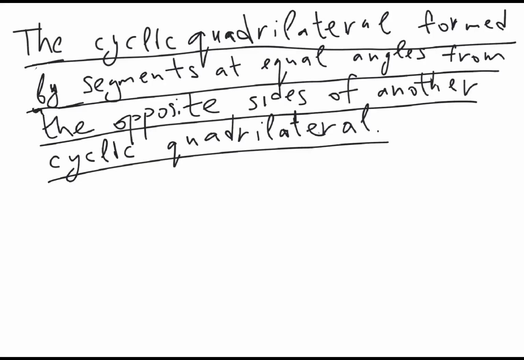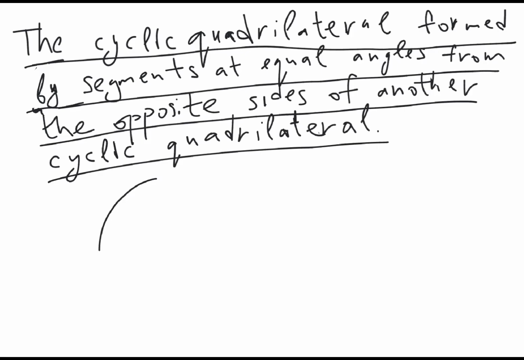Okay, in this video I'm going to talk about the cyclic quadrilateral formed by segments at equal angles from the opposite sides of another cyclic quadrilateral. So basically we have an arbitrary cyclic quadrilateral.